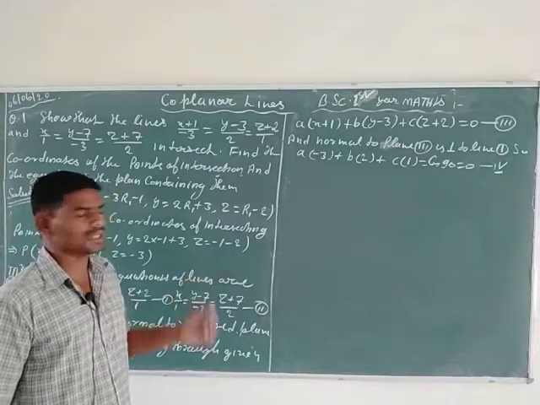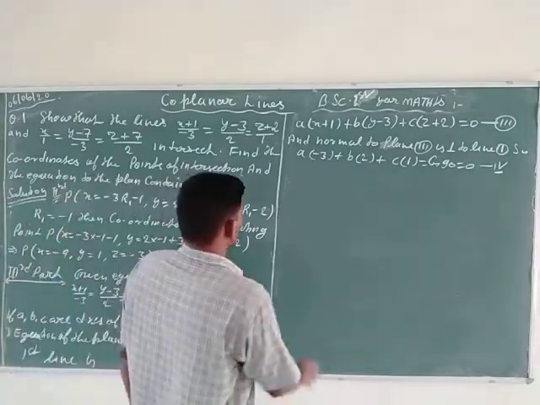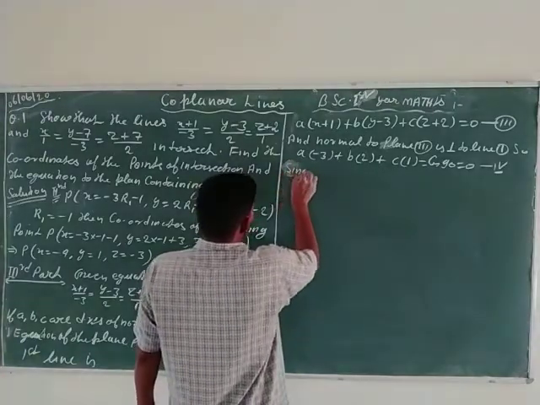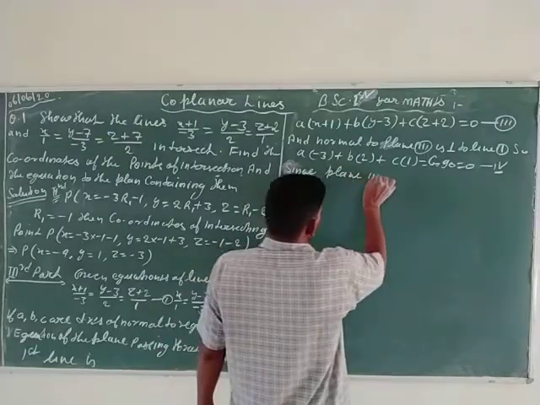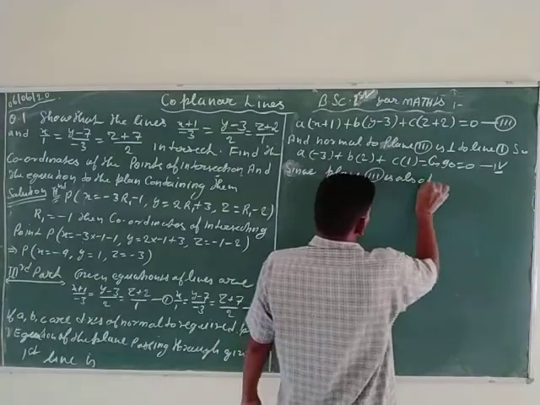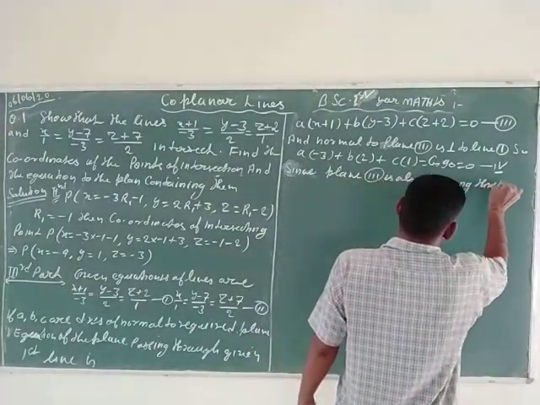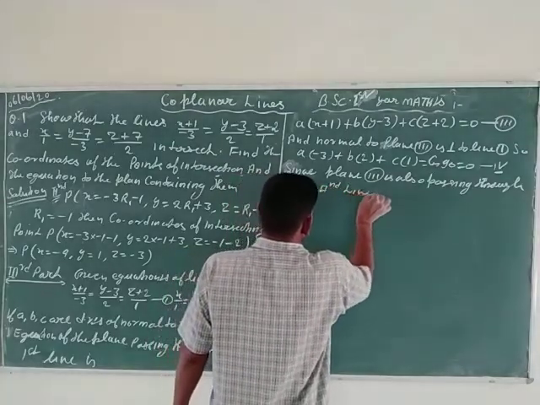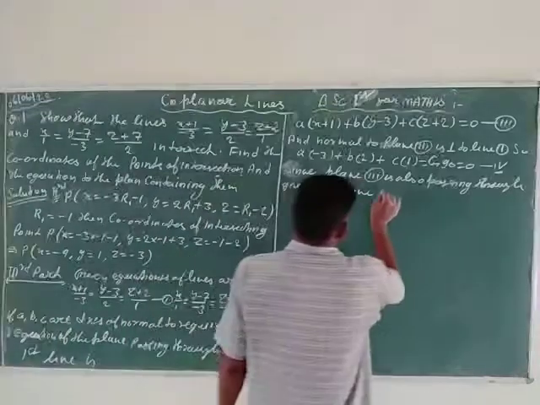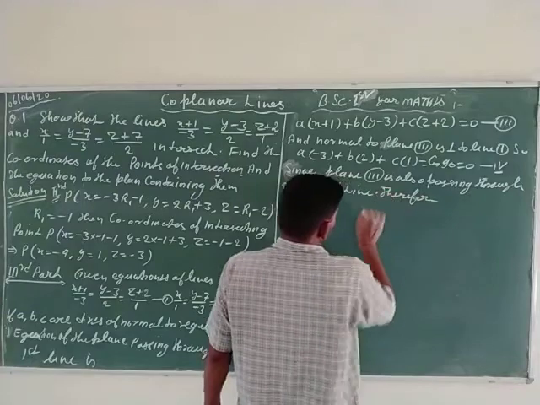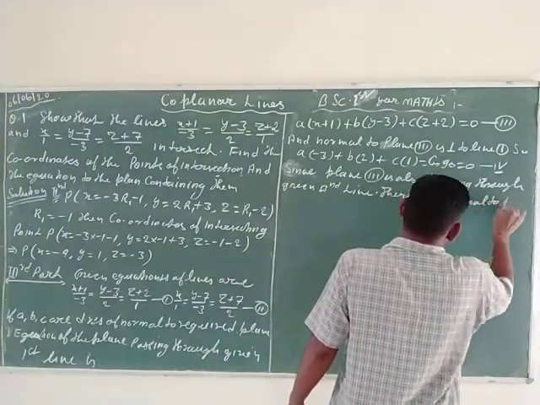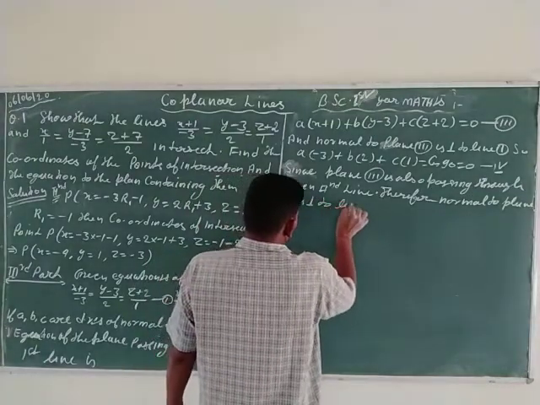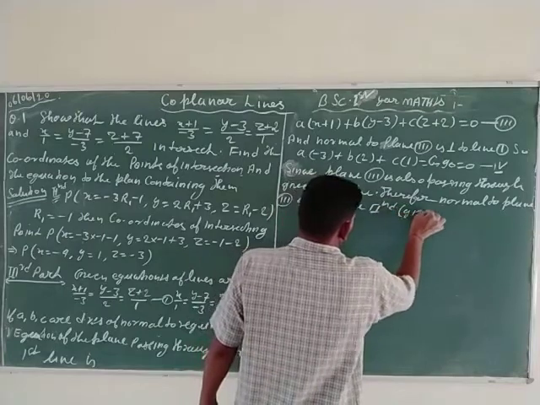Therefore, since plane third is also passing through the given second line, the normal to plane third is perpendicular to line second, which is given in the question.